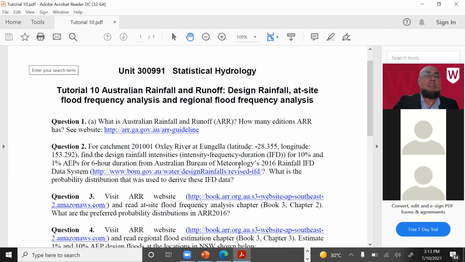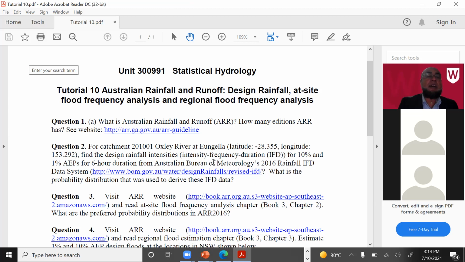So question 1, what is Australian Rainfall and Runoff? Can you tell me what Australian Rainfall and Runoff is? There's like a guidebook for flood estimation in Australia. That's right. Yes, it's a guidebook for rainfall runoff modeling, flood estimation, urban hydrology, this kind of thing.